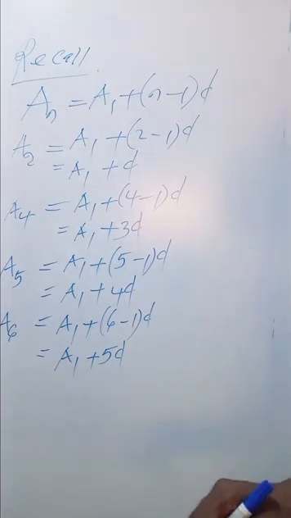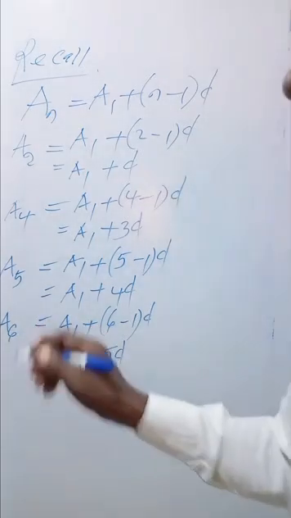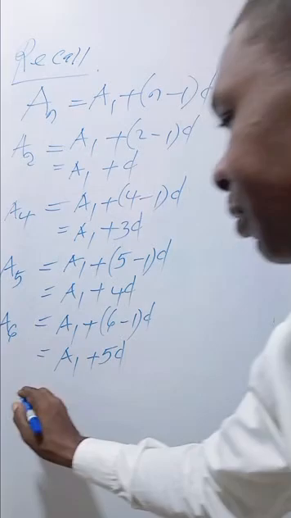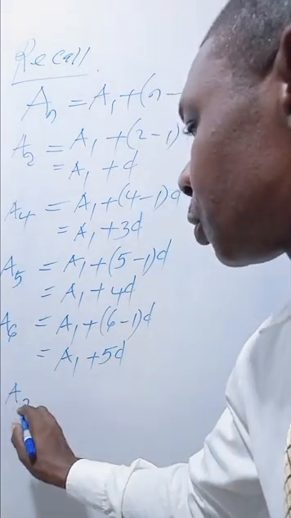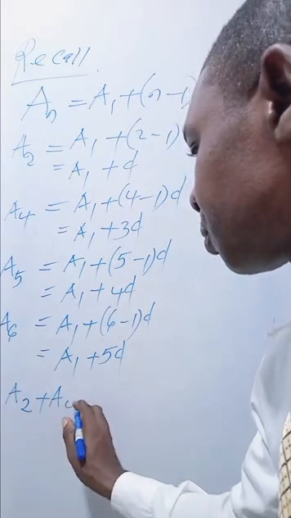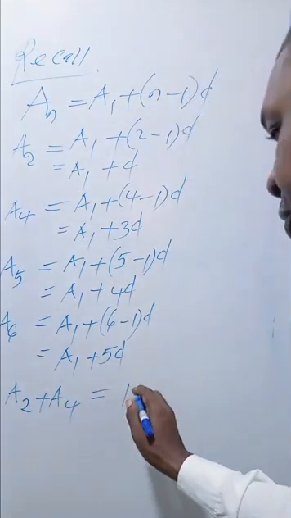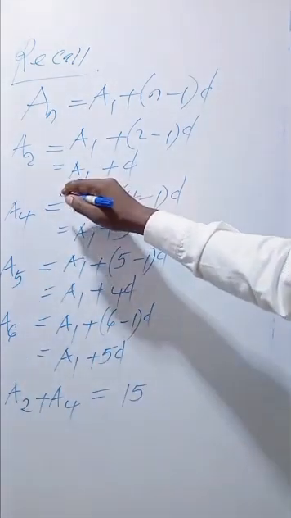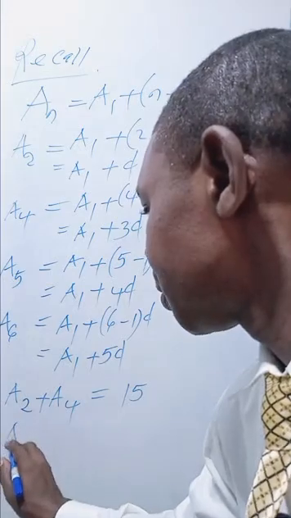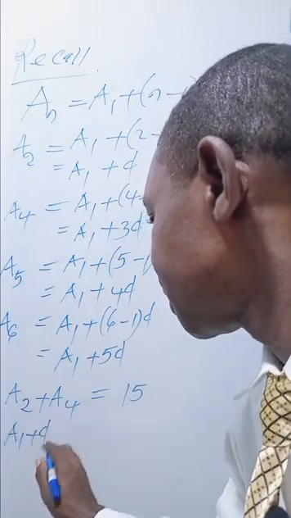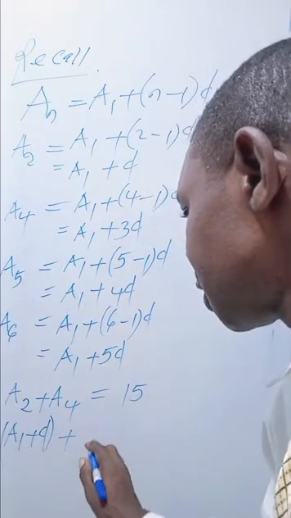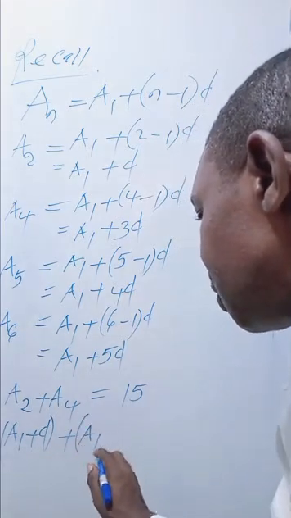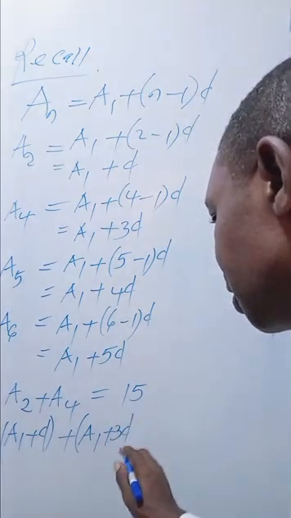Now let's formulate our equations from what we have. We are given that A2 plus A4 equals 15. So let's put the respective values for this. Remember, our A2 is A1 plus D, and our A4 is A1 plus 3D.